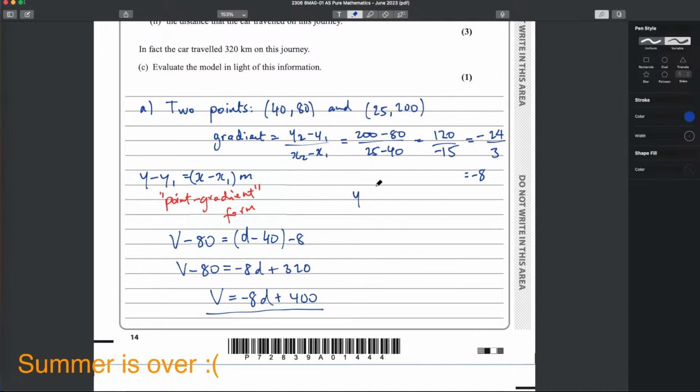Well, let's do it the other way. So we have v equals negative 8d plus c. Let's plug in a point. 80 would be the same. 400?